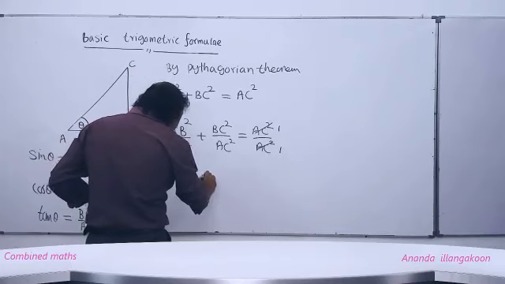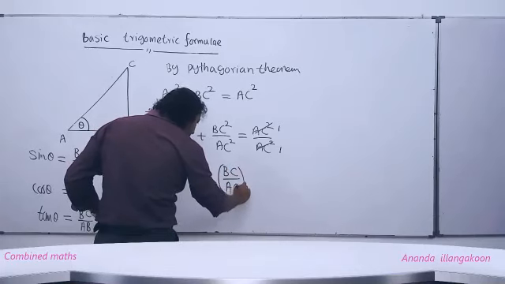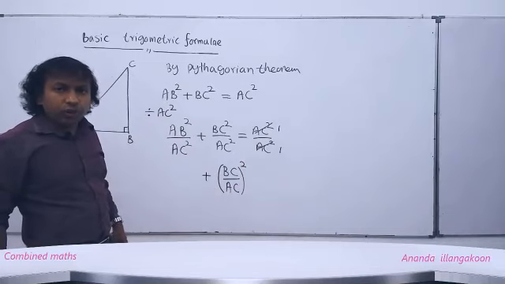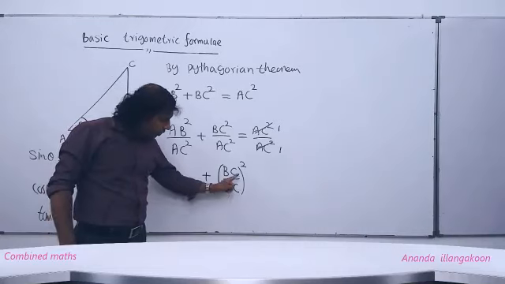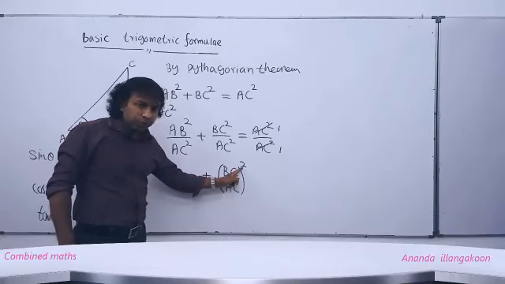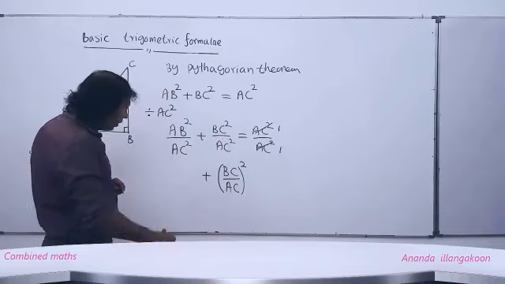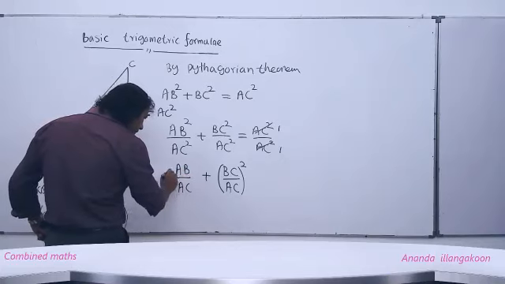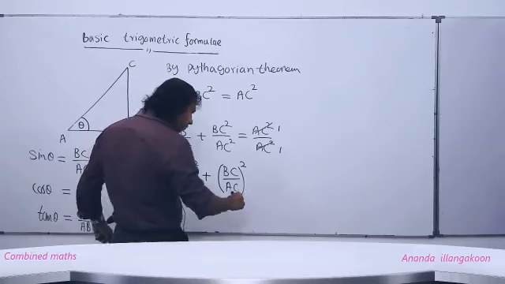Now I can write this way, BC divided by AC perfect square. According to the laws of indices, when we simplify, both this BC and AC should be raised to the power 2 to give BC square divided by AC square. And here also we can write the same way, AB by AC perfect square. On the right hand side, people, now we have 1.